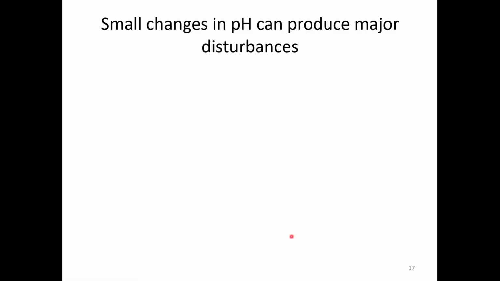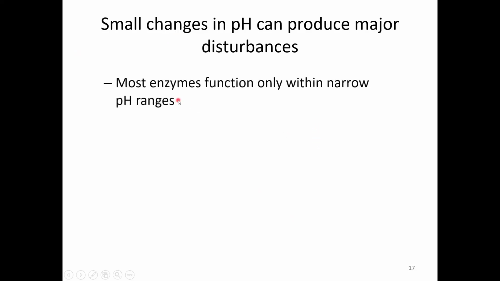So why is pH homeostasis compulsory? It is compulsory that the body maintains the normal pH, because even small changes, a fraction of change in the pH, can produce large disturbances. How? We know all the biochemical reactions are dependent on enzymes, and different enzymes function at particular pH.